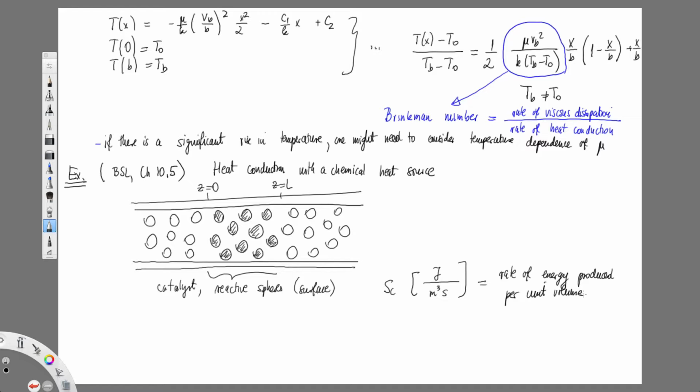So this is a standard problem from chemical engineering, but you could also assume, in porous media applications that are closer to what we do around here, that you have a medium with reaction happening on the surface. This could be during CO2 sequestration.